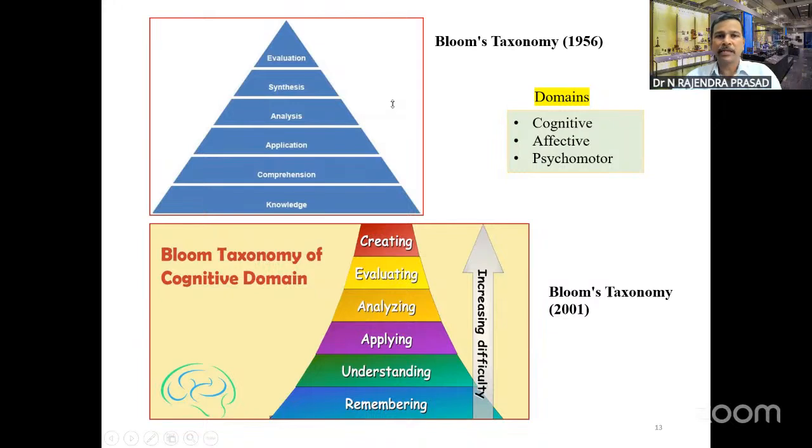So Bloom's taxonomy had the components such as knowledge, comprehension, application, analysis, synthesis, and evaluation. If we assess a student based on these components, somewhere we are missing the extraordinary competency of the student.